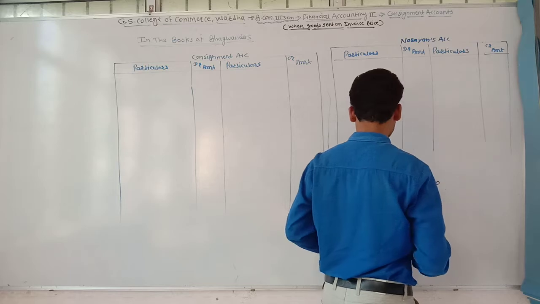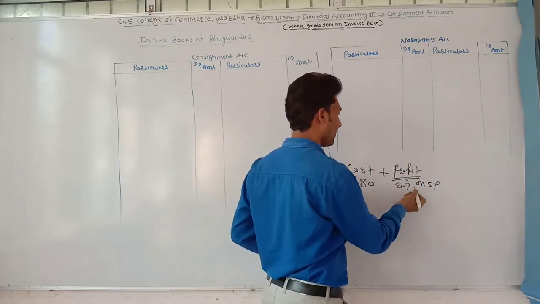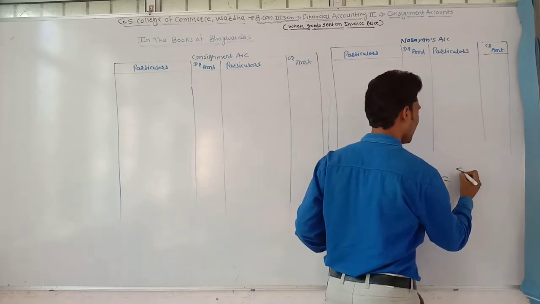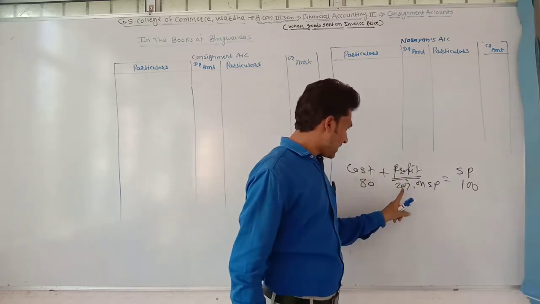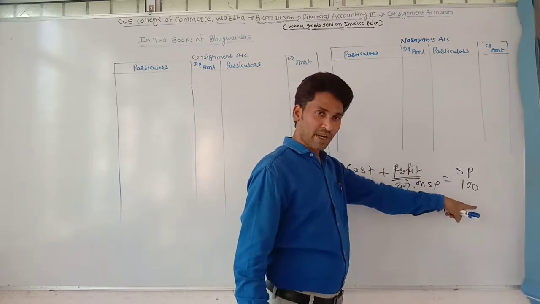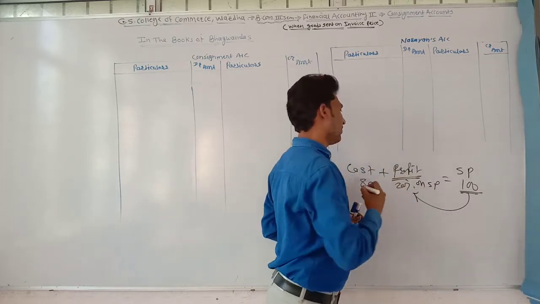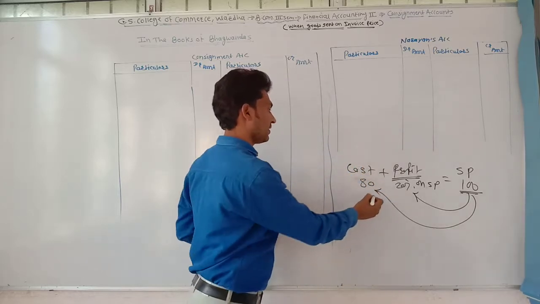At that time, the cost price being rupees 80 and 20% on selling price, the selling price becomes rupees 100. Out of 100, 20% is profit, so the remaining amount becomes 80%.